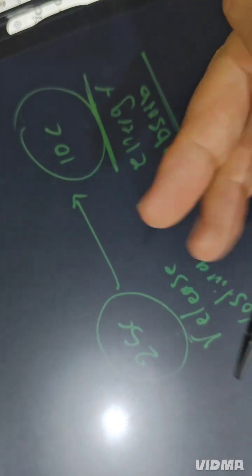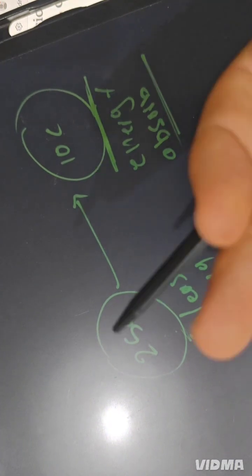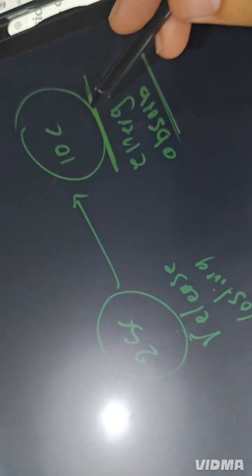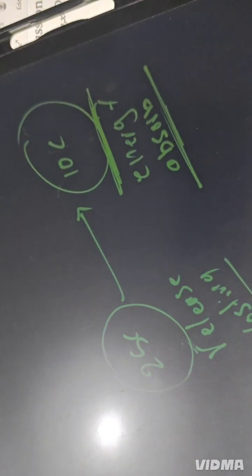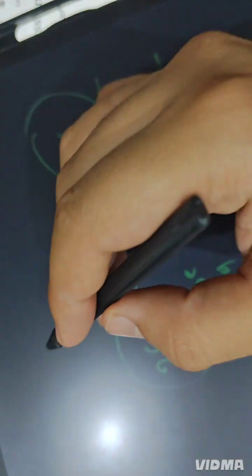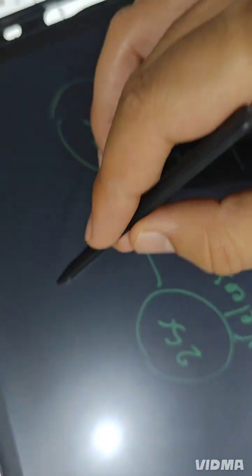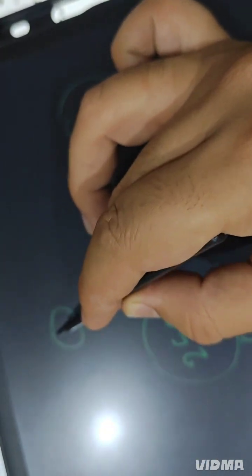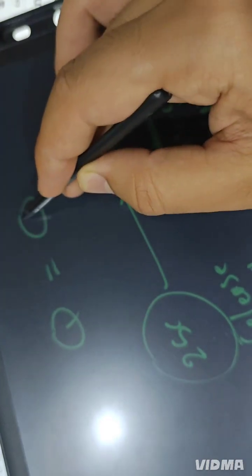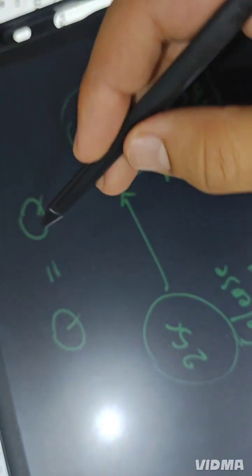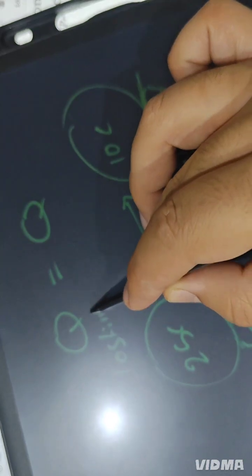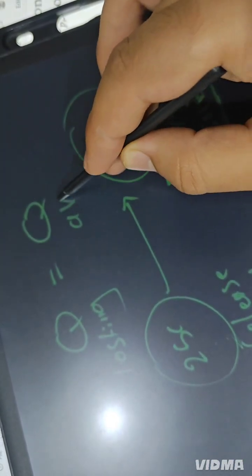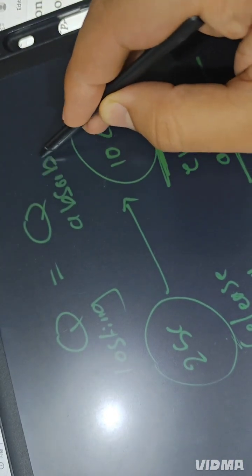This is called losing or releasing energy, because it is giving its own energy to the second container. This is called energy absorbing. So we apply both of them in the rule that we explained, Q energy. You can write losing energy on the first side and absorbing energy on the other, or vice versa.